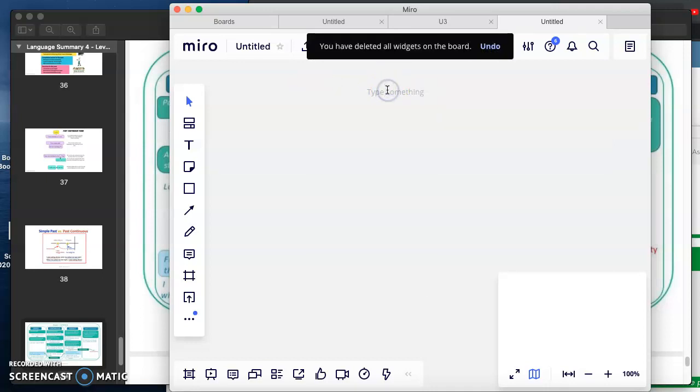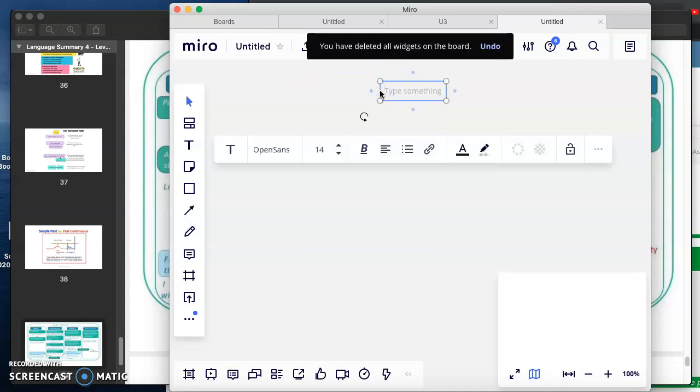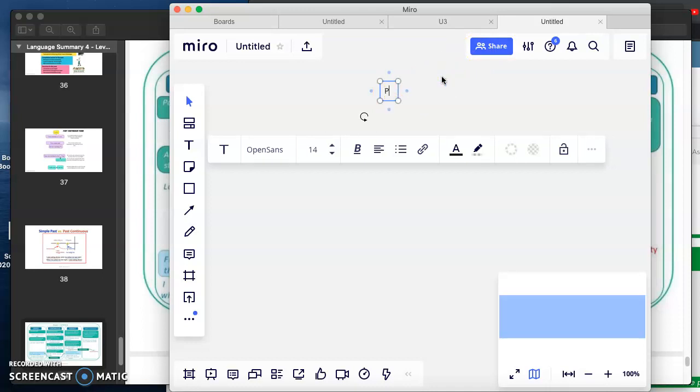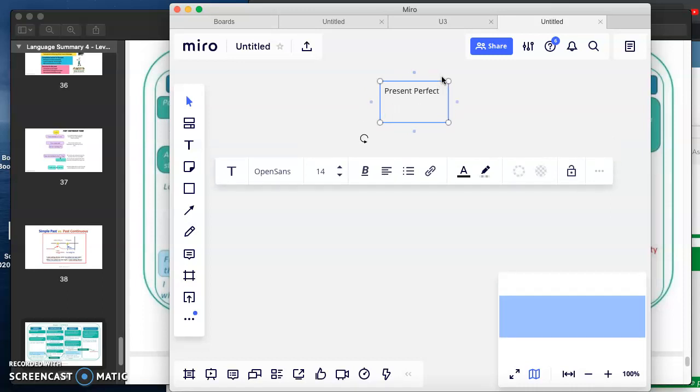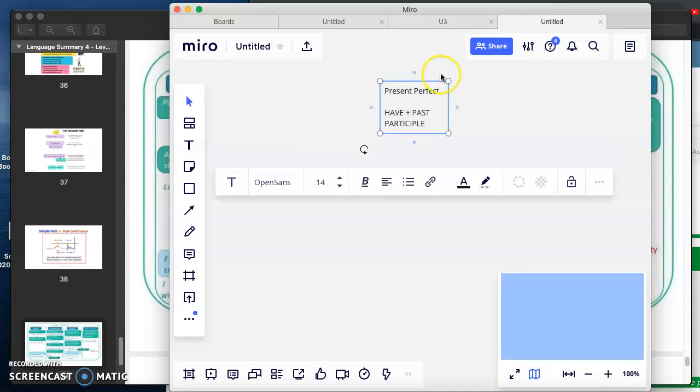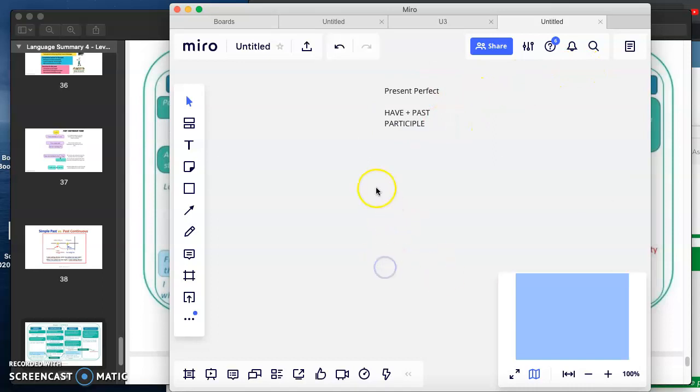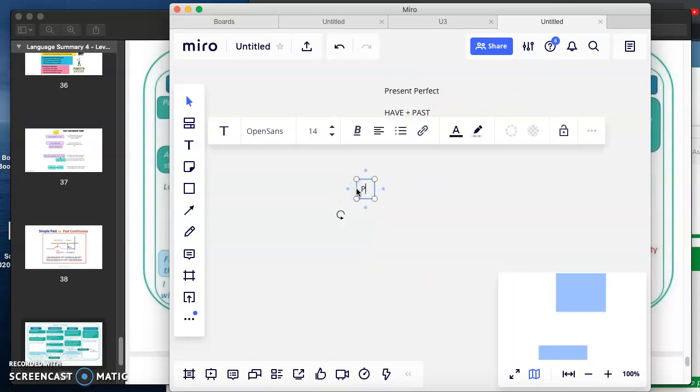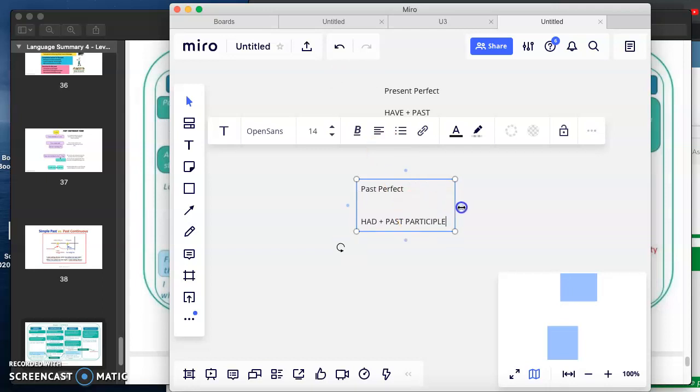For present perfect, we are going to be using have plus the past participle of the verb. And in this case, we have the past perfect. So instead of have, we will be using had plus the past participle of the verb.